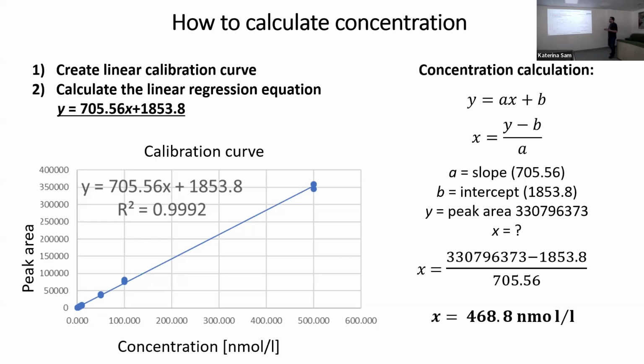And it's very easy, because we have the linear regression, we have the slope, we have the intercept, and we measure the peak area in our unknown sample, or sample with the unknown concentration, and we calculate the concentration.